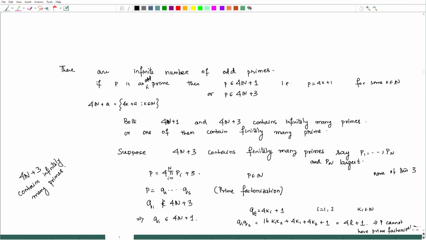So, let us ask ourselves: this class contains infinitely many primes, what about 4n plus 1? In the next lecture we will address this question, which will not be as trivial as 4n plus 3. Thank you.